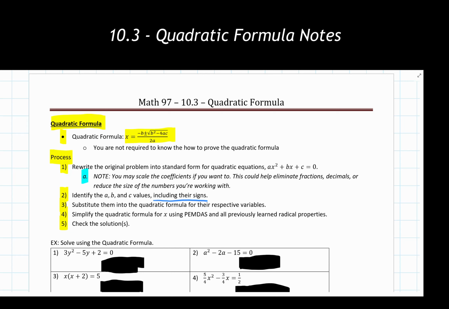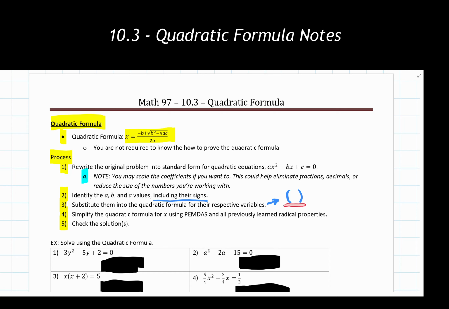Once we have our a, b, and c values, step 3 says to substitute them into the quadratic formula for their respective variables. When you're doing that substitution, parentheses are your best friend. You want to make sure that you are plugging everything in inside of sets of parentheses.